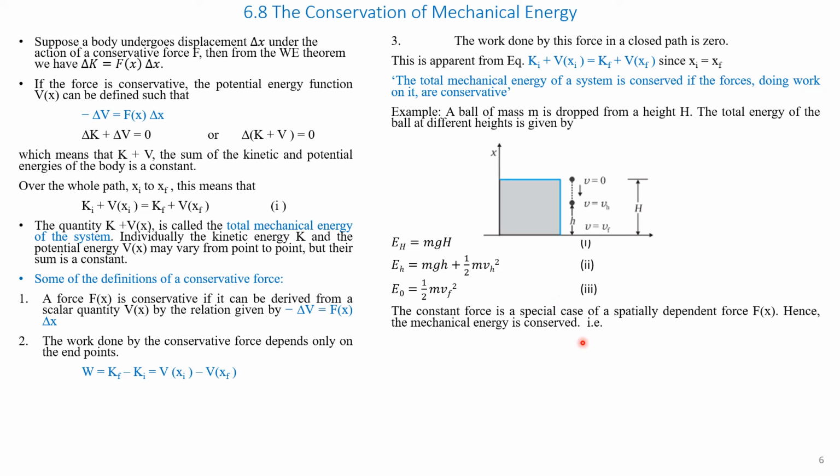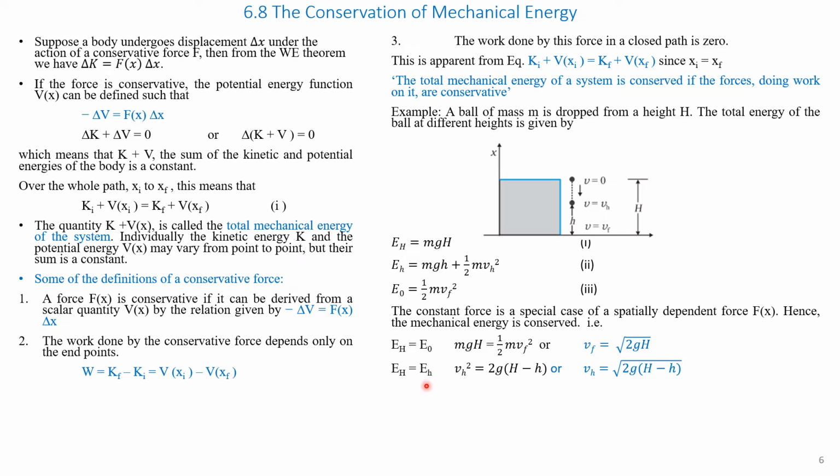The constant force is a special case of spatially dependent force effects. Hence, the mechanical energy is conserved. That is, E(H) is equal to E naught. Therefore, mgH is equal to half m vf square, and from this equation we can simplify vf as the square root of 2gH, since m gets cancelled.